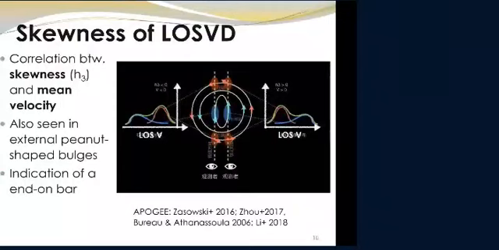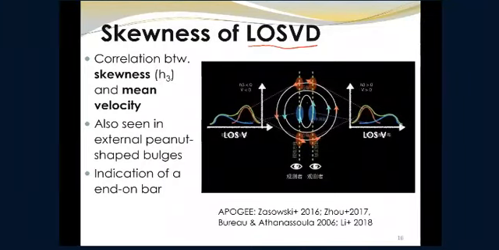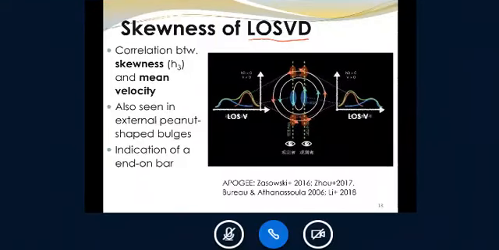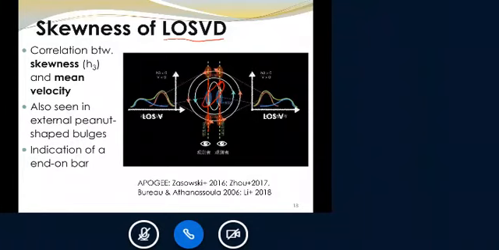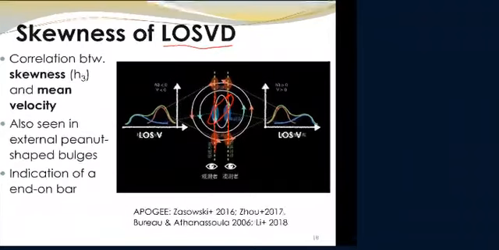Okay, a bar's signature can also be seen in the detailed shape of a line-of-sight velocity dispersion profile. If this is the Milky Way and this is the Milky Way bar, and the bar is not exactly aligned with our line of sight, and you look at one line-of-sight direction, then another, you see that the line-of-sight velocity distribution is not a Gaussian, and it has skewness.